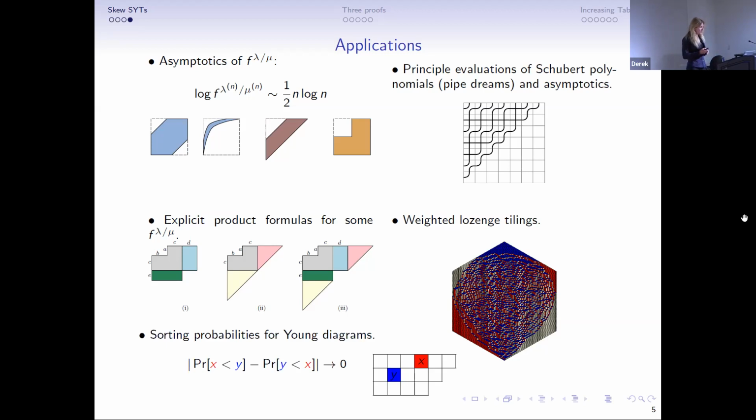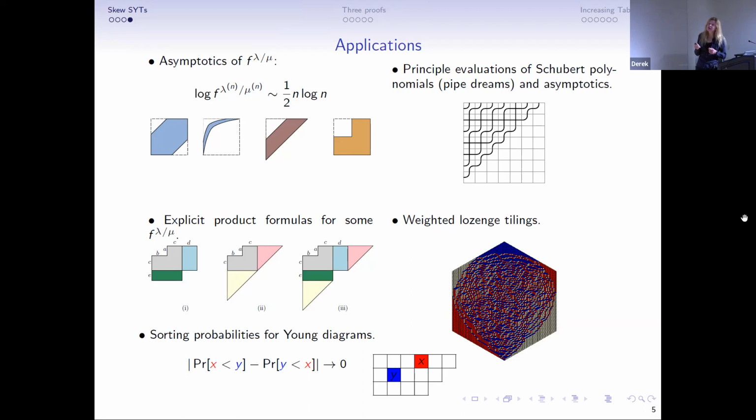And most recently, we used this formula to figure out this conjecture here. This is a conjecture for general posets, but we can try to do it for Young diagrams since we have a formula.